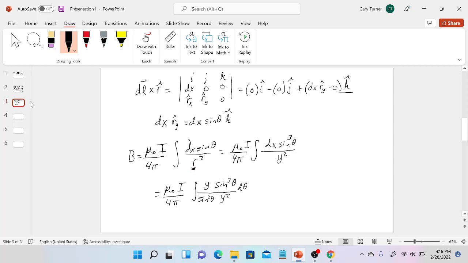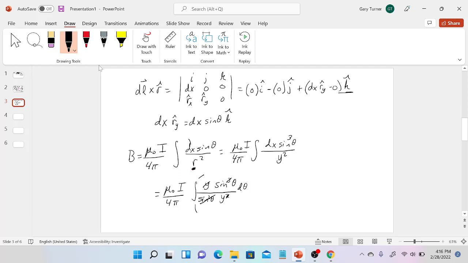And the y squared cancels with the y, and I'm left with a y in the denominator. And sine cubed cancels with both of the sine squareds, and I'm left with a sine in the numerator. And now all I need are the limits, right?